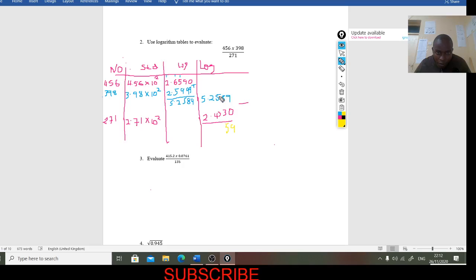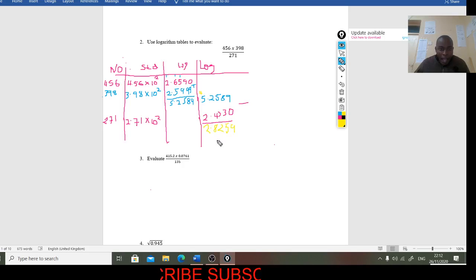Then 5 minus 3 is 2. Here is 2. You cannot deal with 2 minus 4, so I make it 12. I borrow 1 from here, we remain with 4. Then 12 minus 4 is 8. Point. Now 4 minus 2 is 2.